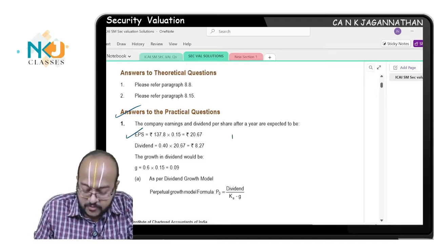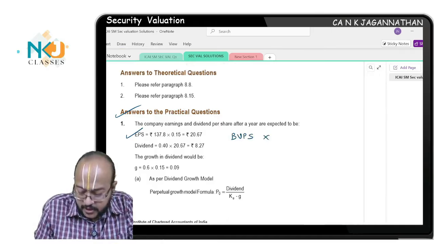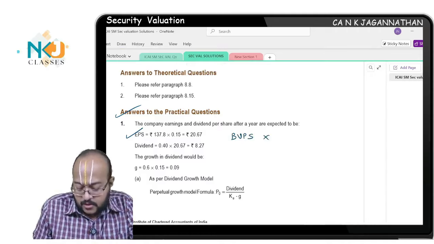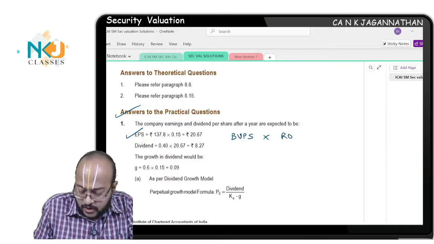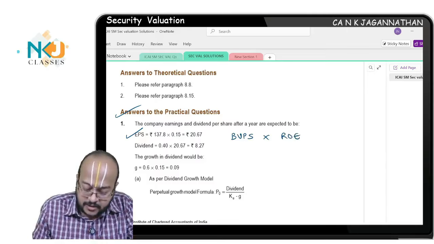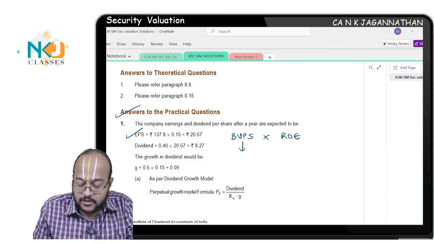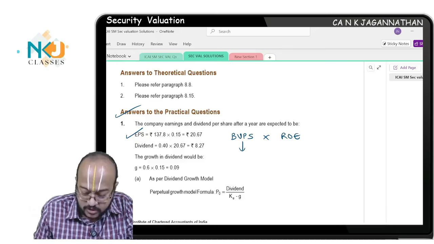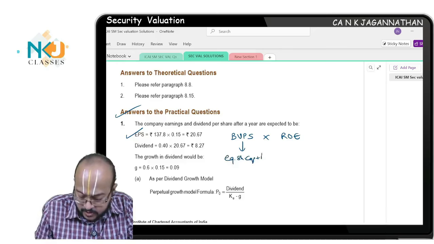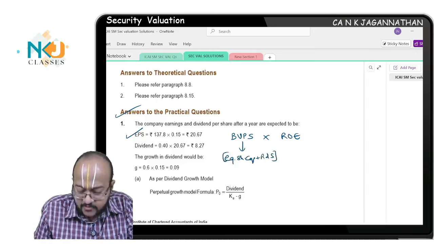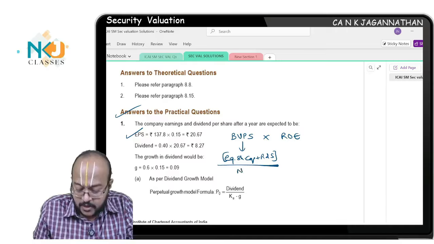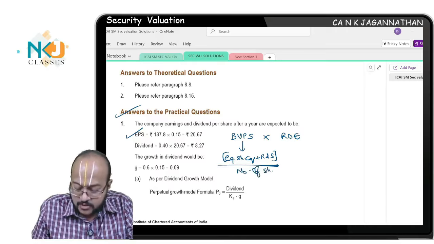Earnings per share is very simple: book value per share multiplied by return on equity. Book value per share is nothing but equity share capital plus reserves and surplus, or simply equity, divided by number of shares.